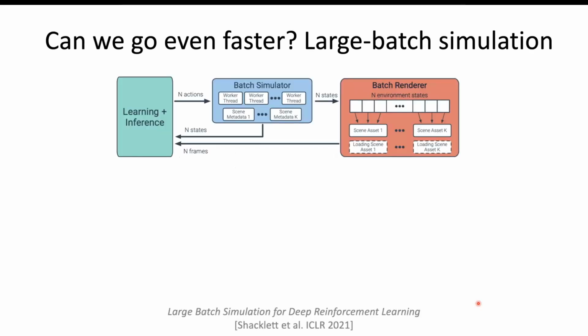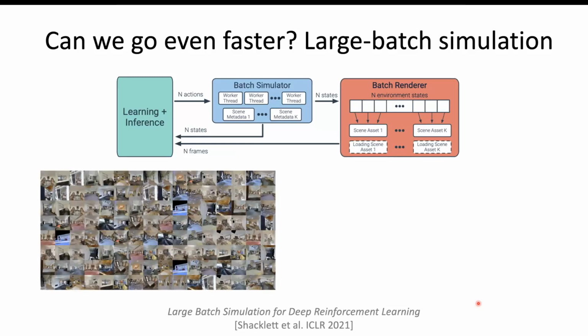This means recognizing the fact that often it's possible to simulate in parallel many possible agent rollouts. And if we take a batch approach to this, we can reduce inefficiencies even further. We can batch the rendering of the state of the world and batch the evolution of the state of the world, and then use those large batches to do learning and inference.